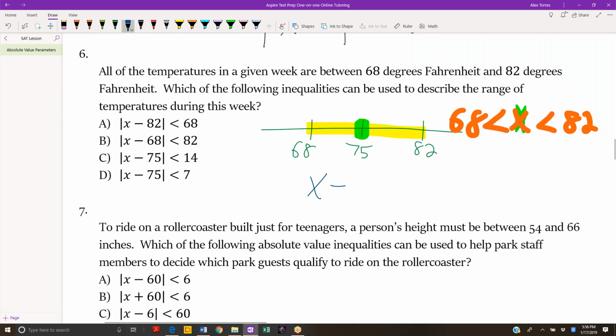The distance between any number and 75, that right there is the expression for the distance between any number and 75. That distance must be less than or equal to, if we want to be specific, 7. So that's this right here. The distance between any number and 75 must be less than 7.